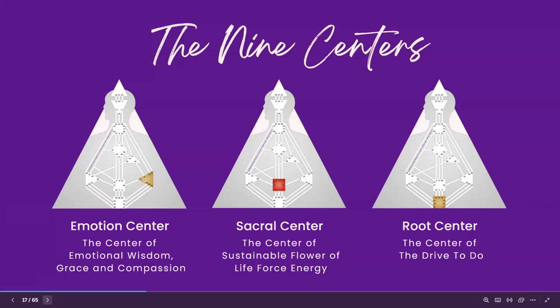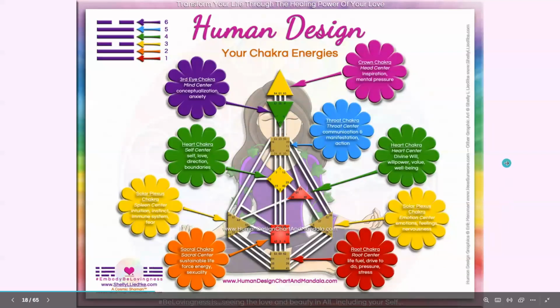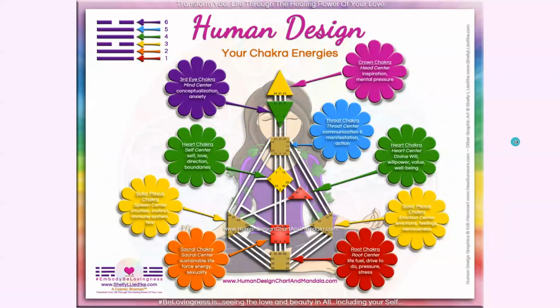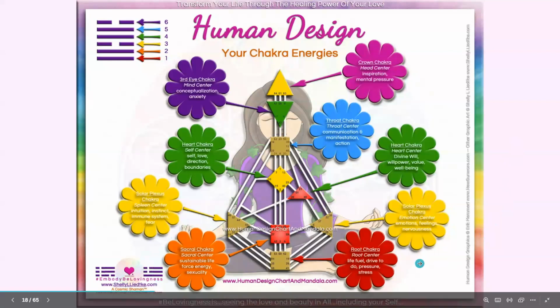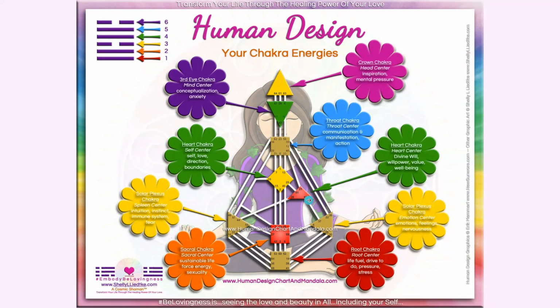So, okay. All right. So this is what I started sharing just a moment ago: every one of the centers can be correlated, not 100% directly, but there's a flavor of the chakra system, and you can see that by the names of the centers.